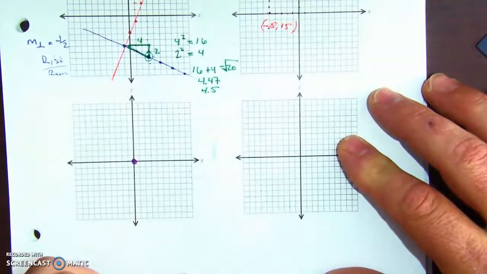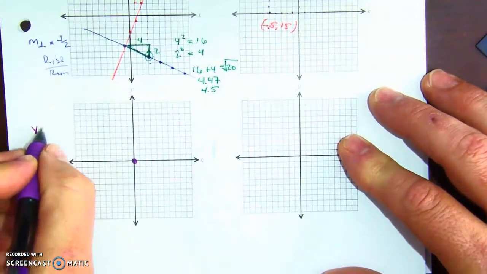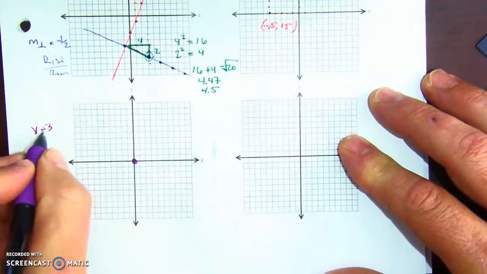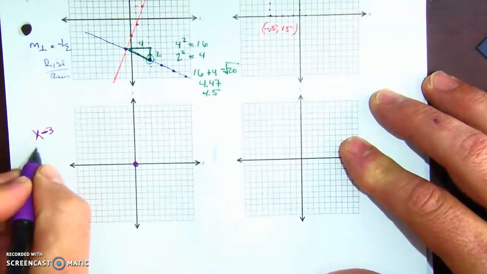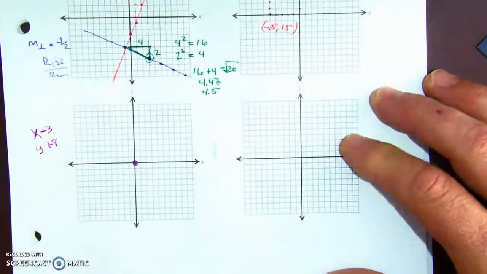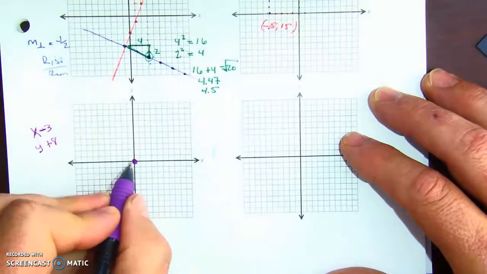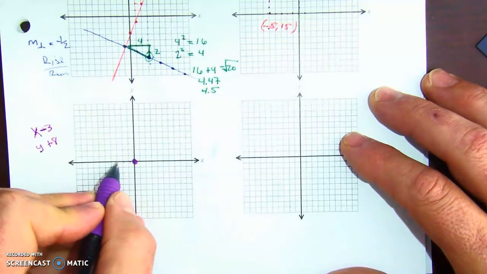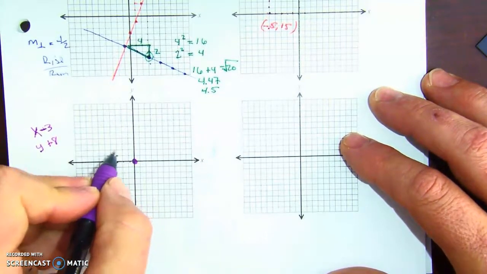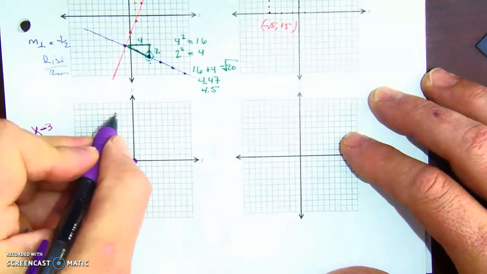And it says we're going to do a translation of x minus 3, okay? And we're going to translate y, and we're going to add 8 to that. So that's what we're going to do. So we're going to go 3 to the left, 1, 2, 3. Then we're going to go up 8. 1, 2, 3, 4, 5, 6, 7, 8. And that's our second point.